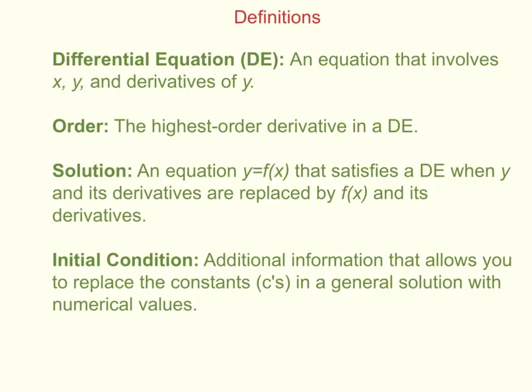And then you can use the initial condition to fill in all the missing constants. When you look at a general solution to a differential equation, you're going to see a lot of C's, and it might be with a subscript, so C1, C2, and so forth. You're going to be able to use the initial condition to replace those C's with actual numerical values.